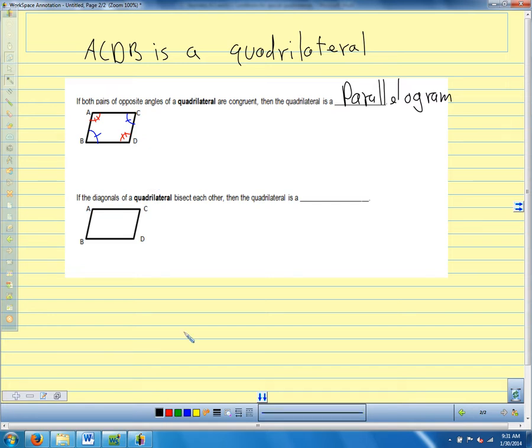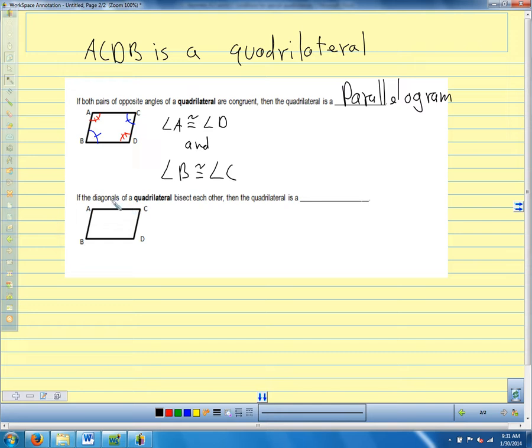Both pairs of opposite angles, so in symbols, angle A is congruent to angle D, and angle B is congruent to angle C. This is enough to tell us that that quadrilateral would be a parallelogram. What questions there? So all these little tricks, all these little shortcuts to decide if we have a parallelogram.